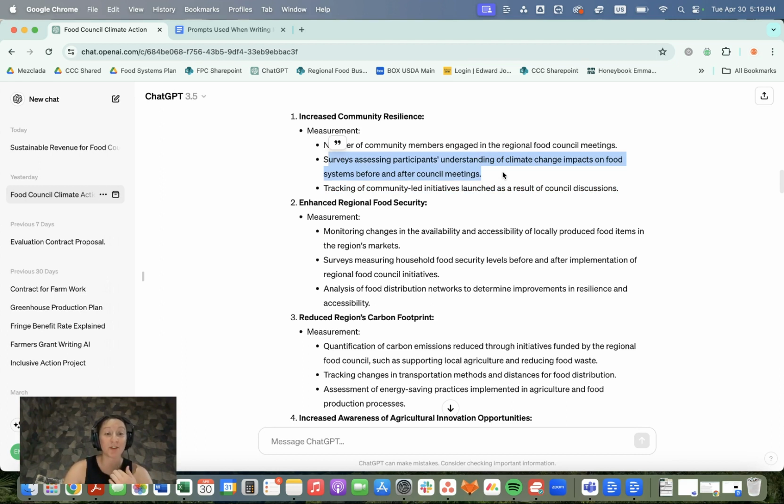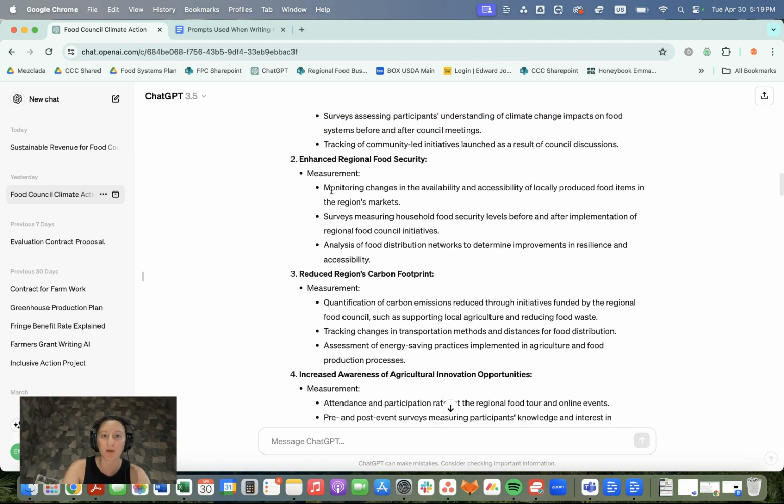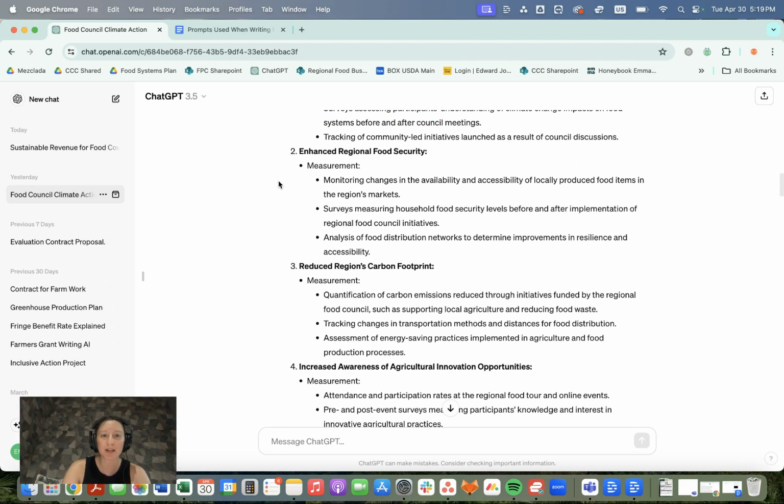And then we had some survey information, but it wasn't necessarily about climate change impacts. It was more an understanding of the link between climate change and food systems, was kind of our before and after in terms of survey data that we were going to come up with. The next thing that we had under enhanced regional food security was looking at sales from the farmers market that's starting up in Parker's Prairie as an indirect way of looking at community connection, but then also reducing carbon emissions.